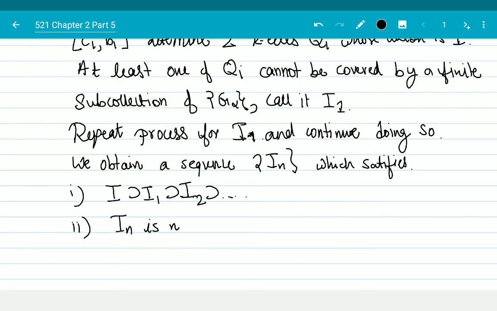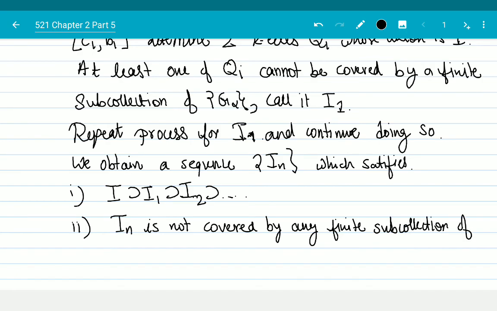IN is not covered by any finite subcollection of G alpha for every n.